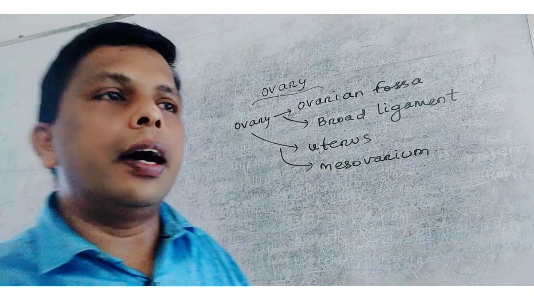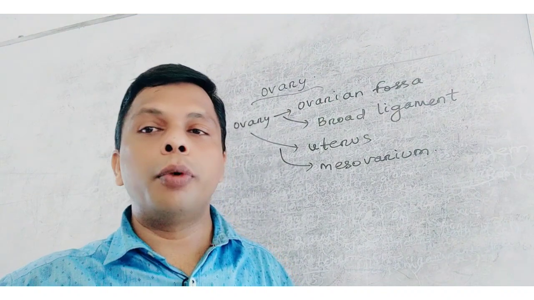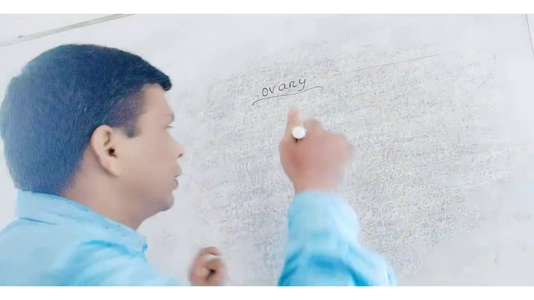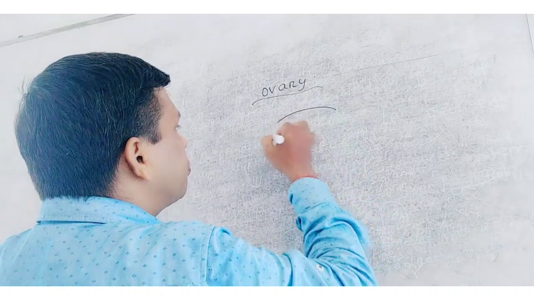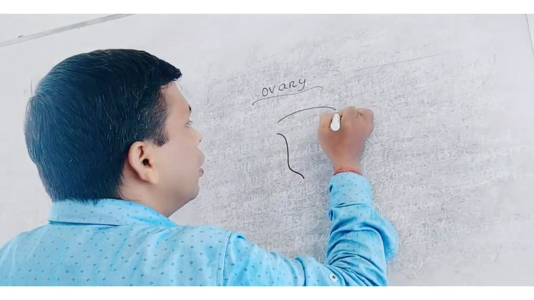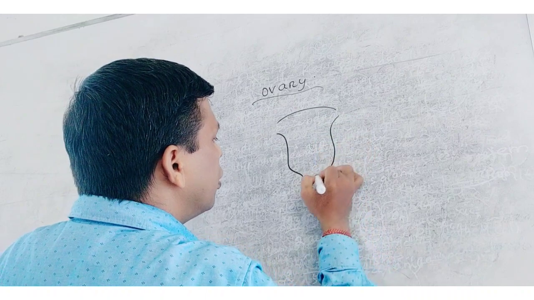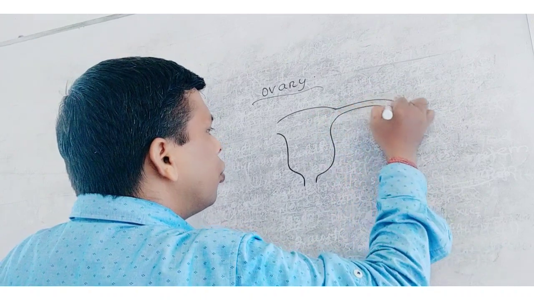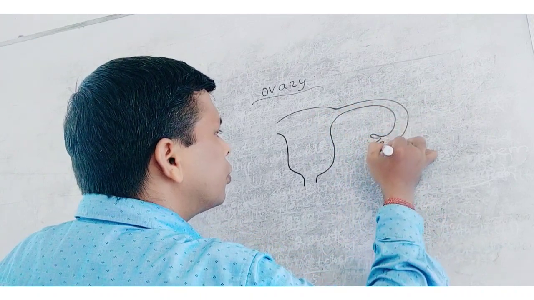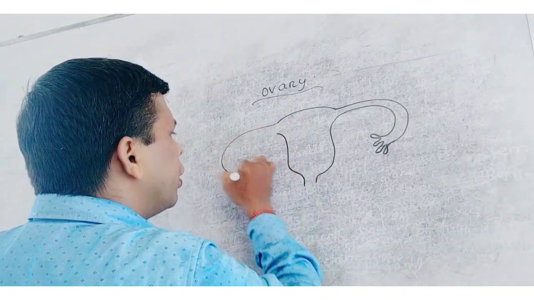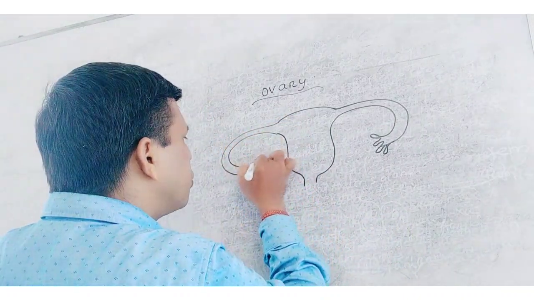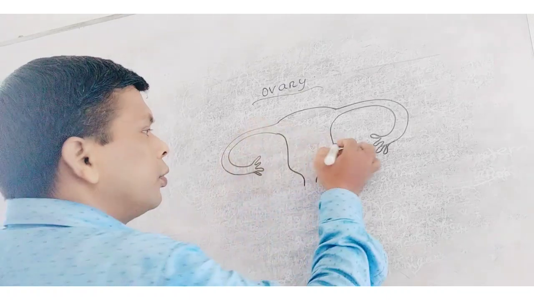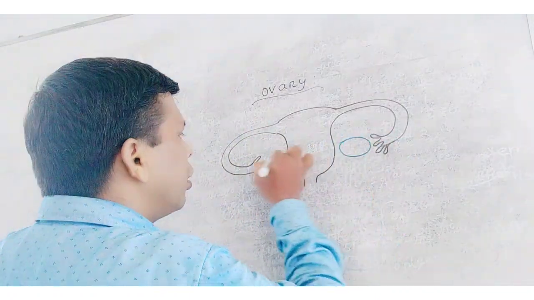So the ovaries are attached to the dorsal body wall. Here is the uterus, these are the oviducts, another oviduct here, and here is one ovary, another ovary.